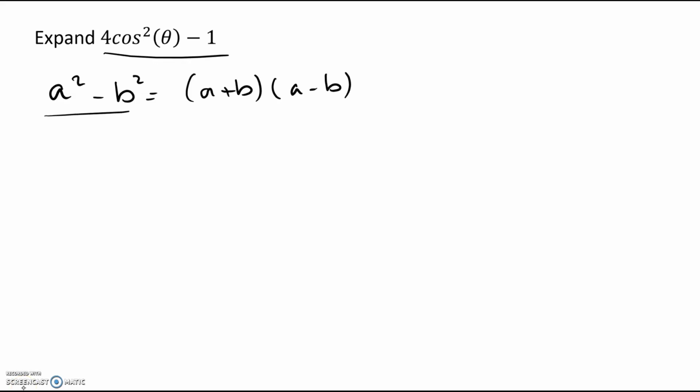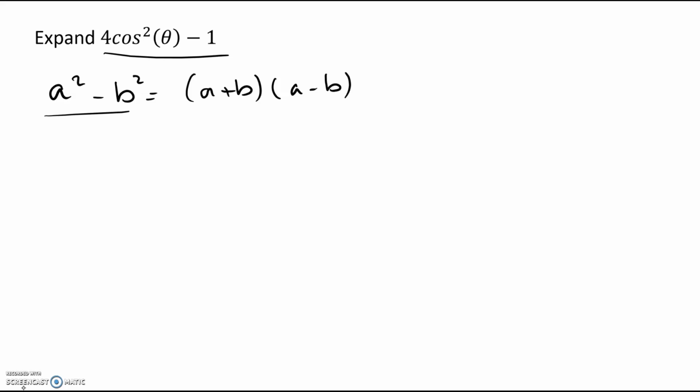Then last but not least, expand 4 cosine squared of theta minus 1. Okay, so remember that a squared minus b squared is equal to a plus b times a minus b. So what I'm going to do is try to make this look like this.